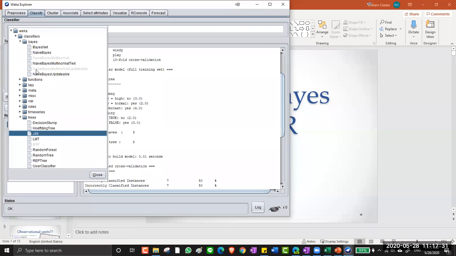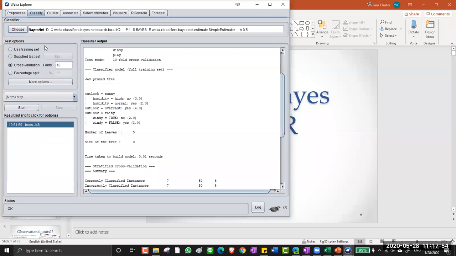So there's certain algorithms that won't work with just nominal data, or they might not work where the output or class variable is nominal. So you can see, for example, this naive Bayes multinomial doesn't seem to be appropriate for the particular data set that we're working with right now. However, naive Bayes will work with it.